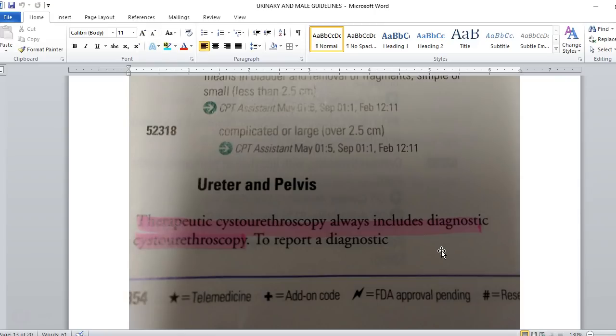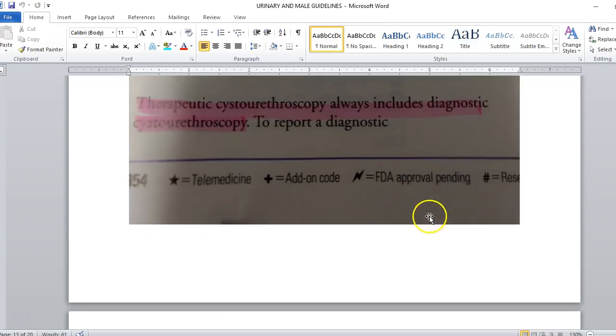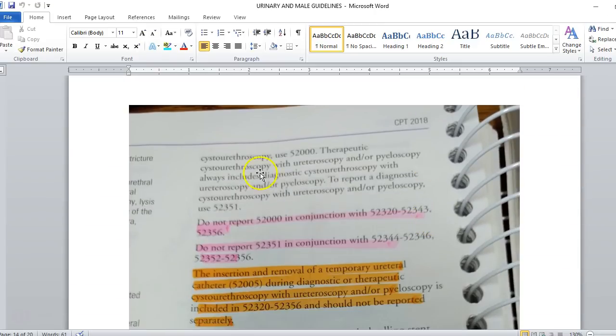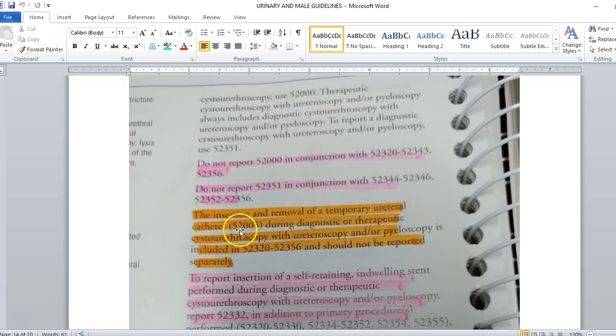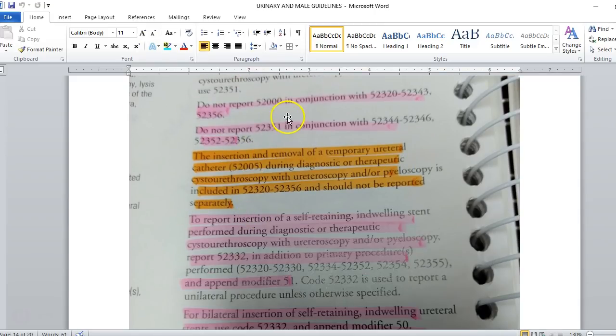Remember, therapeutic always includes diagnostic. It goes on to say to report a diagnostic cystourethroscopy, use 52000. We do not report 52000 in conjunction with 53230 to 53243 and 53256, because all of those codes include a cystourethroscopy, which is what 52000 is.